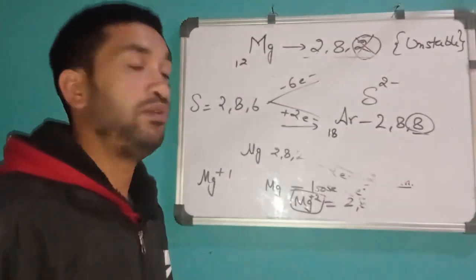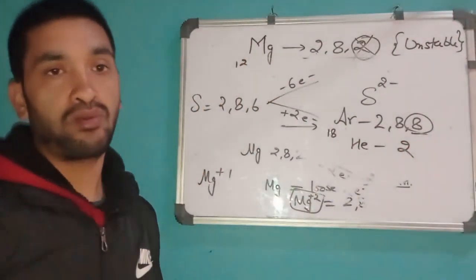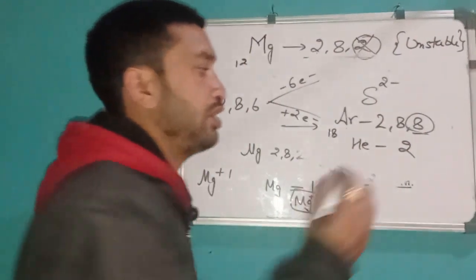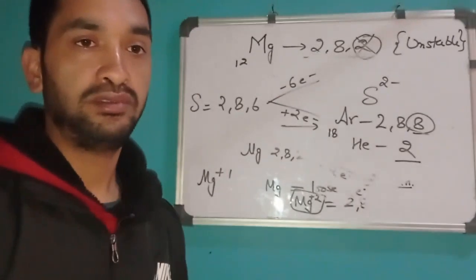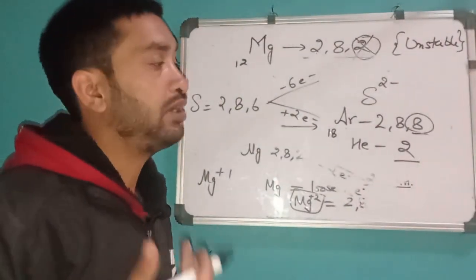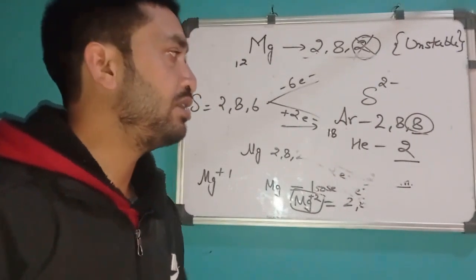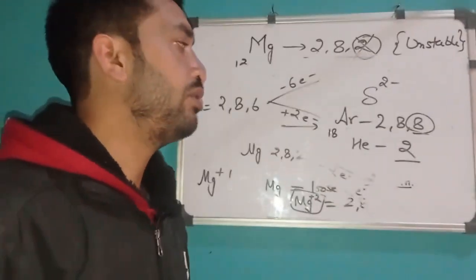Let us take an example of duplet state. Helium: K shell with 2 electrons. It means duplet achieved, so already stable. So helium is also already stable. It doesn't go for any of the reactions. It won't react with any chemical species to either gain or lose electrons.